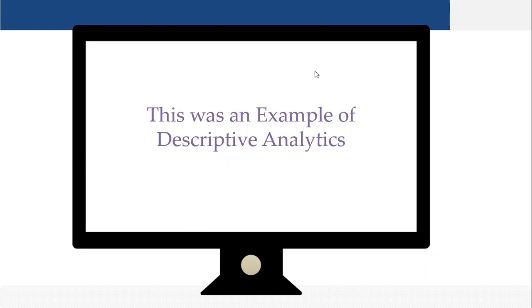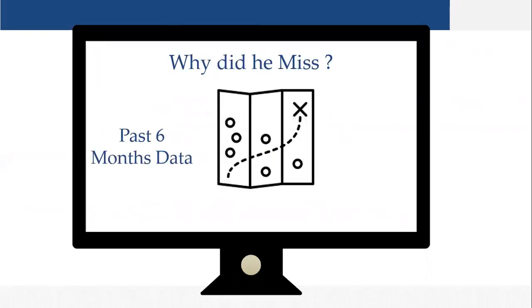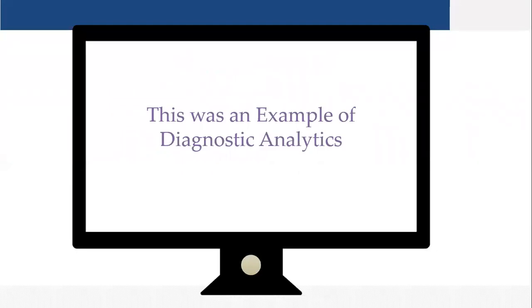Okay. Now, the next thing the fox did was, using that same information for the past 6 months, find out why the lion missed a prey. He analyzed this data and found out why the lion missed his prey. So in this case, this is called diagnostic analytics, where you're trying to answer a question: why?